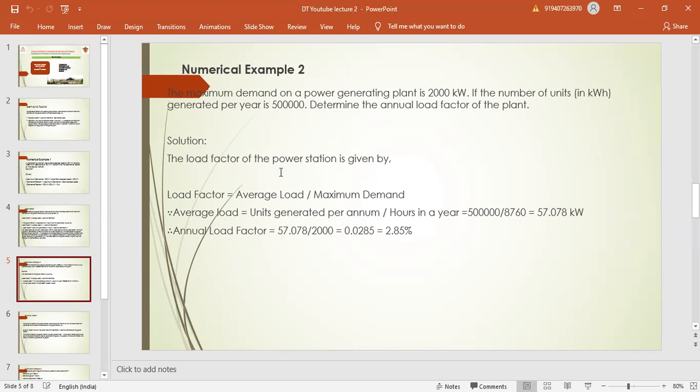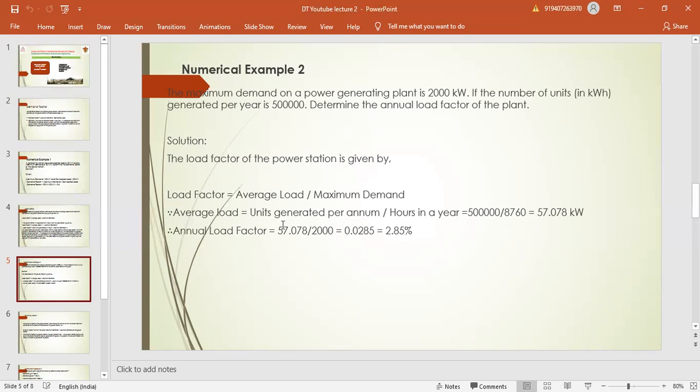Here, units generated per annum is given as 5 lakhs. So we have taken 5 lakhs in the numerator divided by number of hours in a year, so 365 into 24, 365 days in a year. So we will multiply 365 into 24. That will give us 8760.